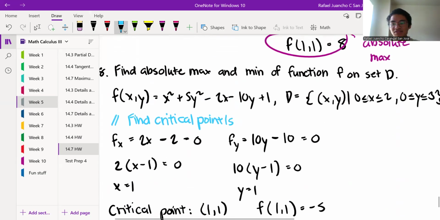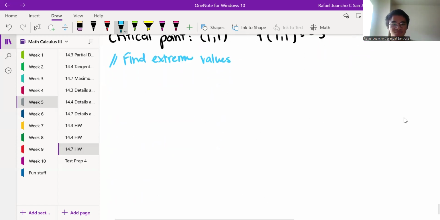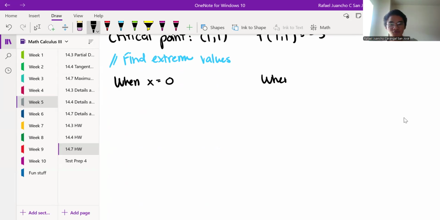Well, we can say 0 and 2 because those are the endpoints. What else can we say? We already have a critical point, x is 1, y is 1, so we're good on that. So it's just x is 0 and x is 2. I think one of the difficult things is identifying which are the cases.